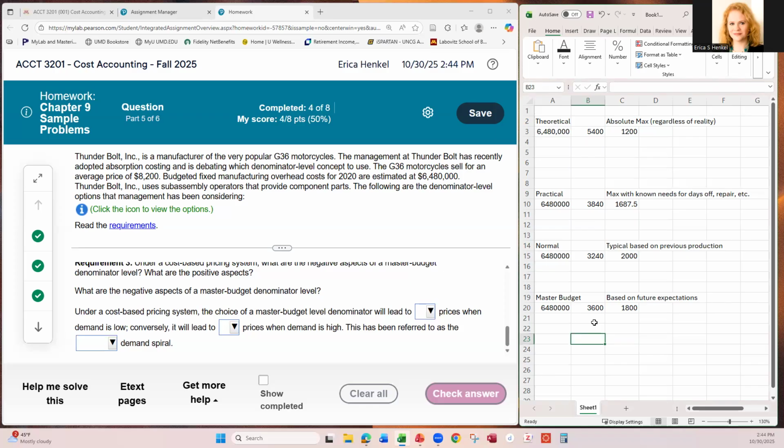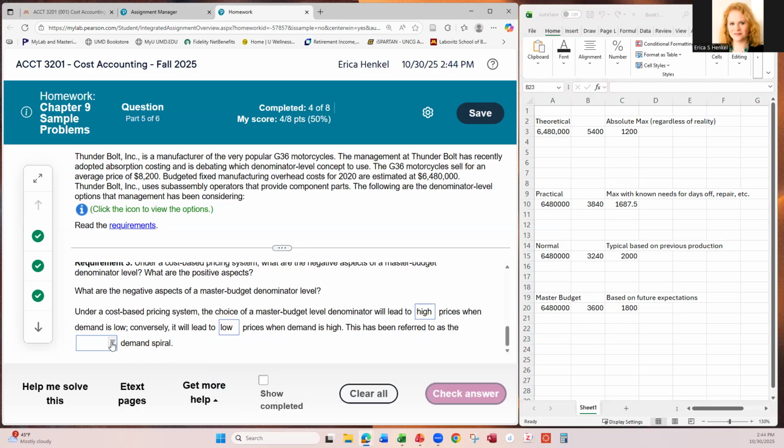If our demand is lower than expected, or if we have a low demand associated with our budget, then fewer units will get allocated to. That will be more per unit that will get allocated out. So that means that we will have high prices when demand is low. Conversely, it will lead to lower prices if the demand is high.